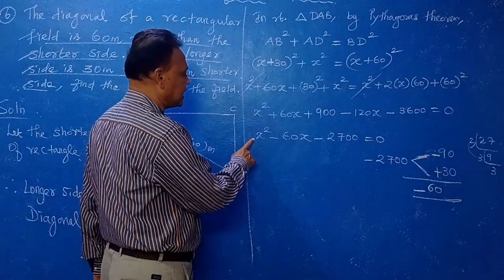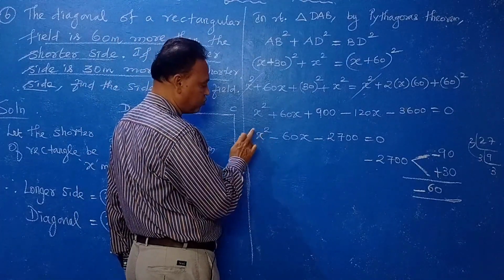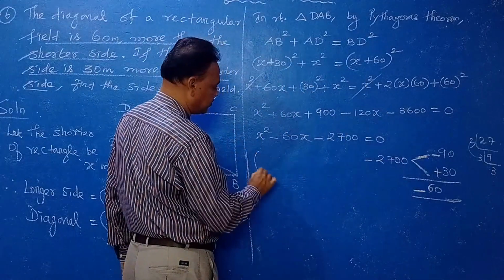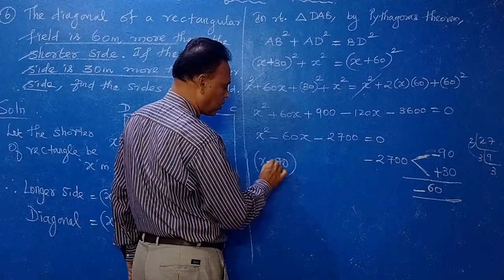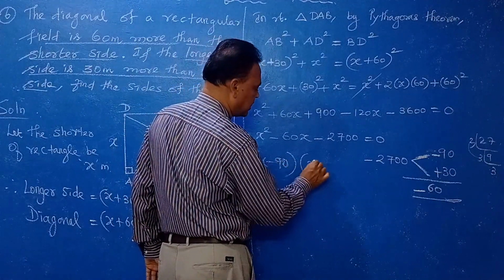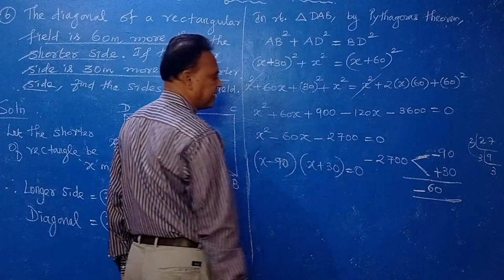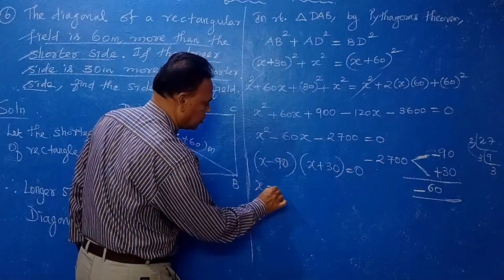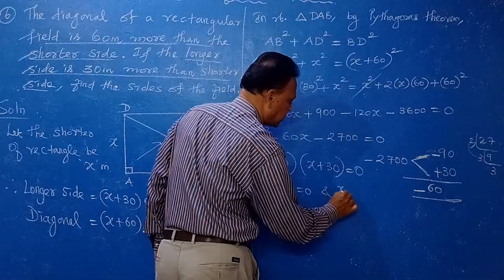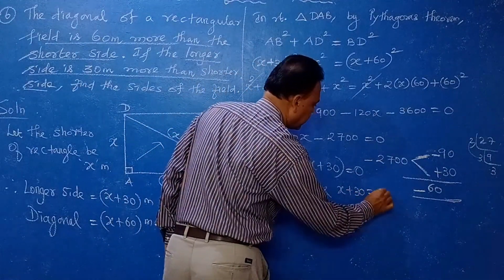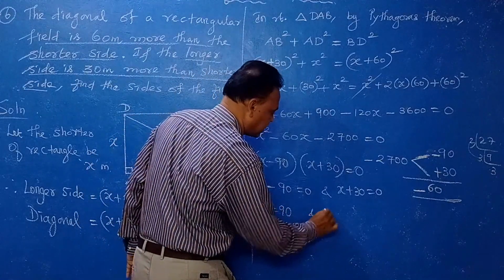Since it is a quadratic equation with x squared coefficient 1, straight away you write x minus 90 into x plus 30 equal to 0. Therefore x minus 90 equals 0 and x plus 30 equals 0, so x is 90 and x is minus 30.